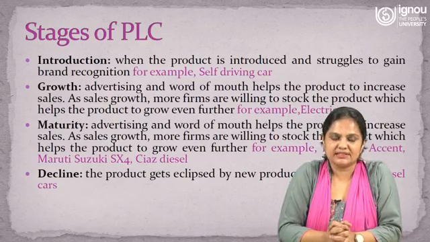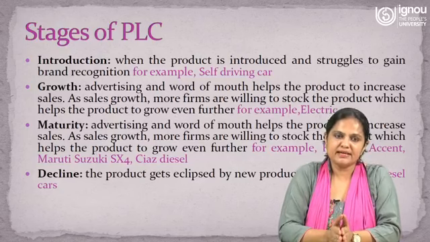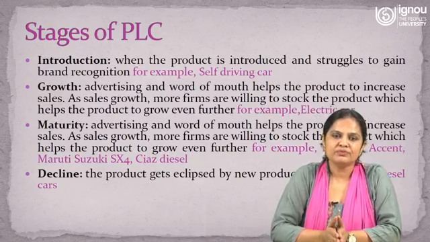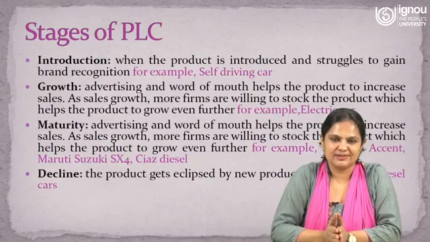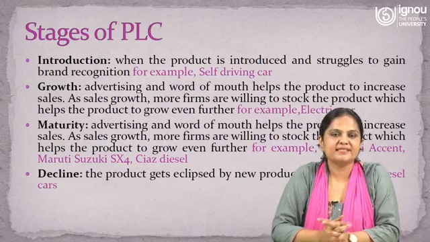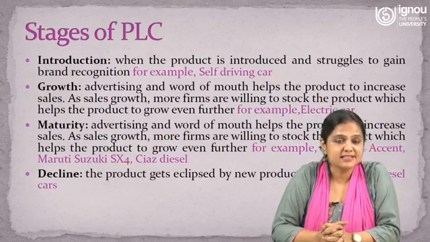The second stage is the growth stage. In this case, the product is being accepted and welcomed in the market, and now you have to advertise it more and more, so that it reaches its peak. For example, if you talk of the electric car, we may say that it is in its growth stage.